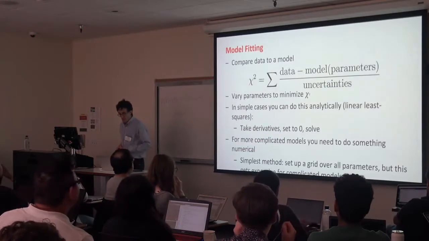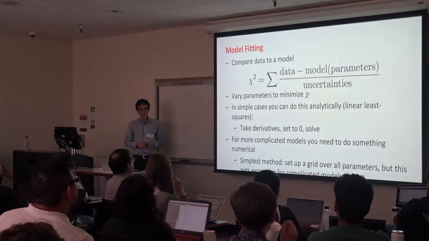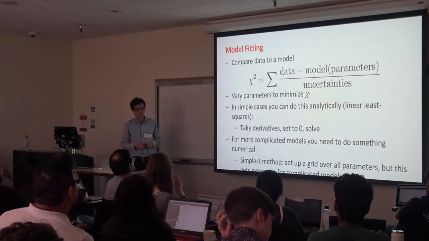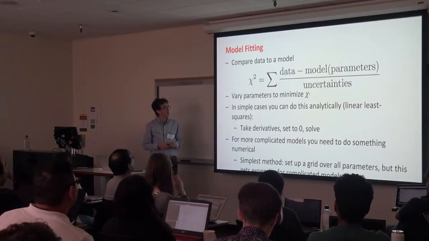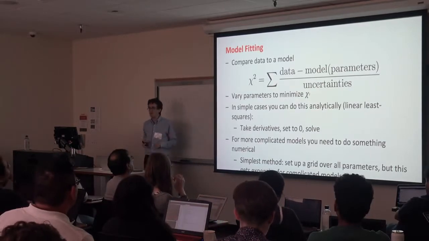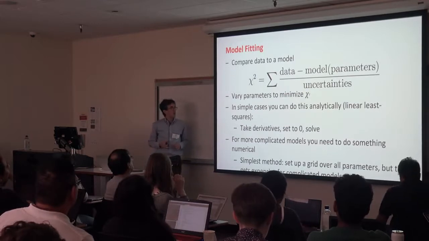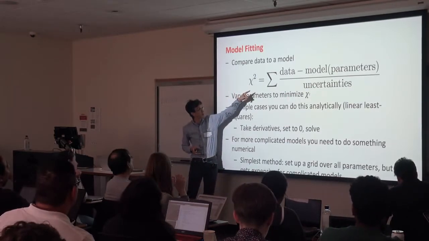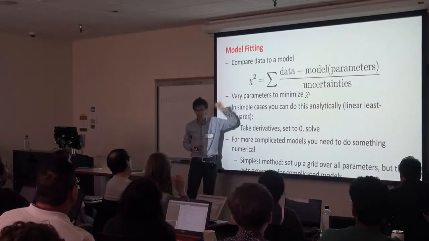Okay, so what we're actually going to spend time on today is model fitting radio data. So we're going to compare data to a model. Probably many of you are familiar with this. What we do is we define a quantity called chi-squared, which I misdefined. I forgot to square it.